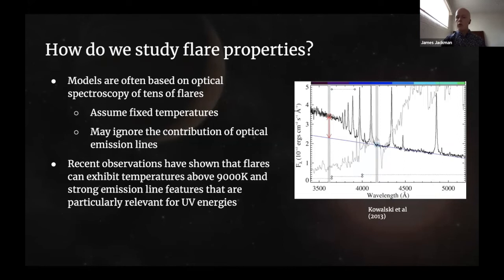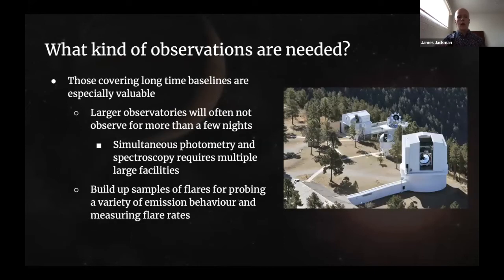So we need to get more and more observations to test the accuracy of these models and potentially aid in the construction of new ones that will help our understanding of both flare physics and the effects of flares. We need new observations. And all kinds of observations are especially valuable, but particularly those covering long time baselines.